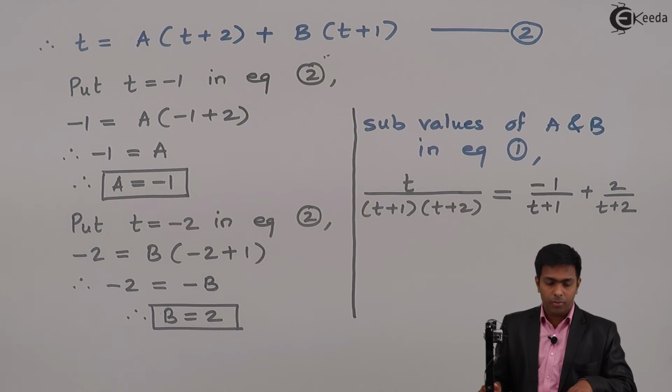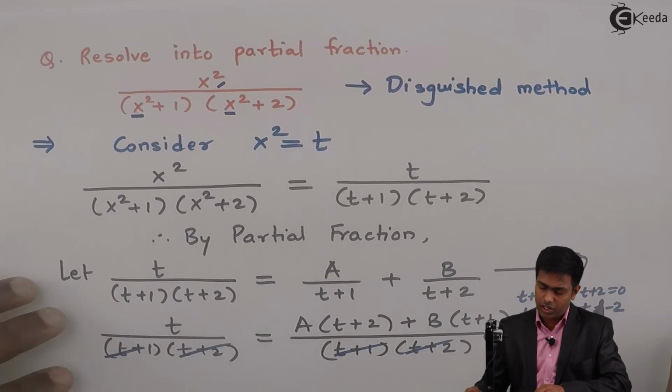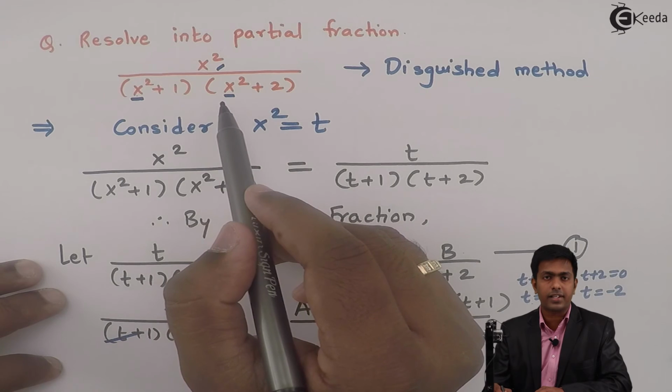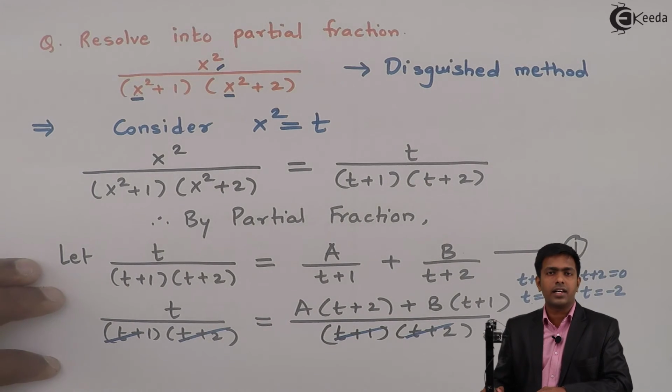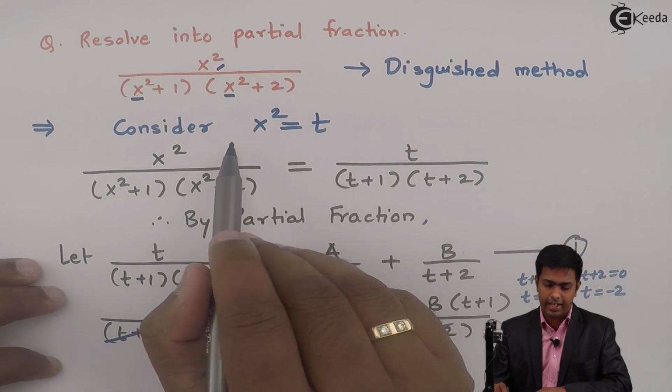But let me tell you my friends that we got the answer in terms of t, but if you see the question, it is in terms of x square, or x. So we have to bring our answer in terms of x, and for that we substitute t as x square.